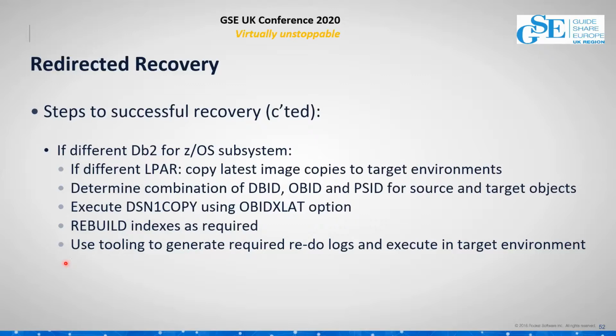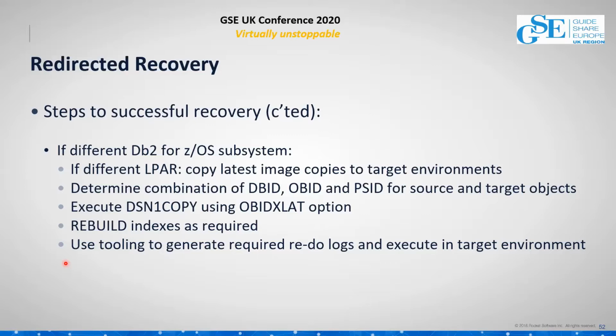Now, things are going to be a bit different if you are going to recover to a different DB2 for z/OS subsystem. First of all, if it's a different LPAR, you need to get hold of the image copies and copy them over to the target environment. And normally there is no disk or storage DASD sharing between production and non-production environments, so you need to find a way to move these data sets over to your target environment.